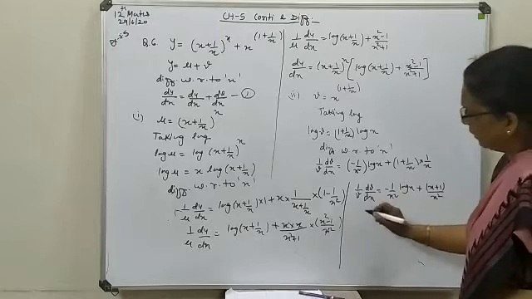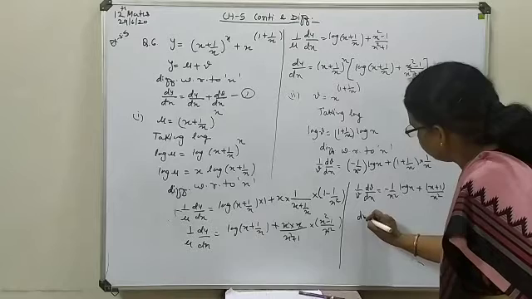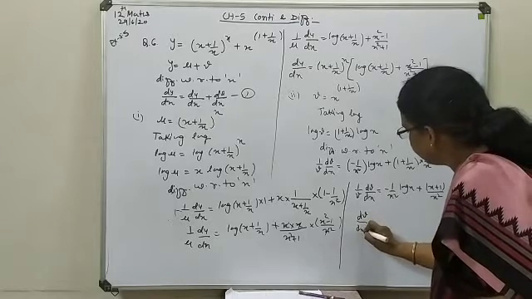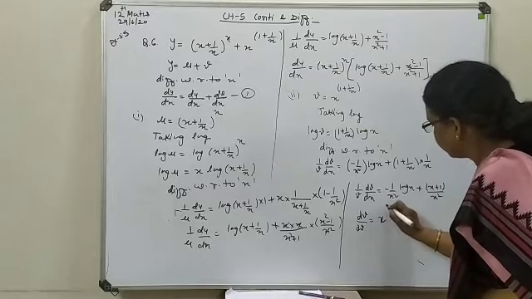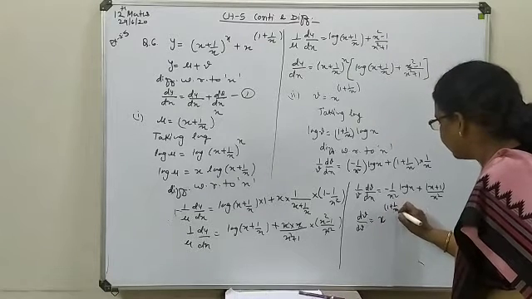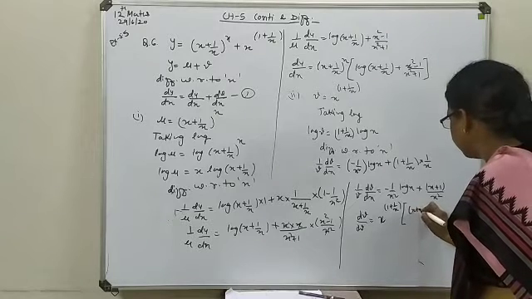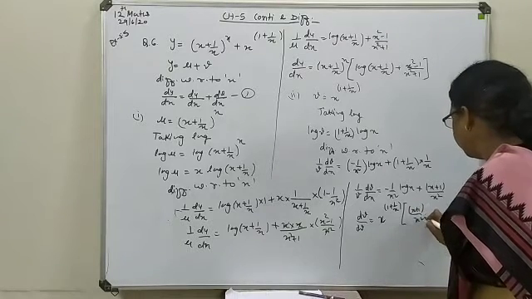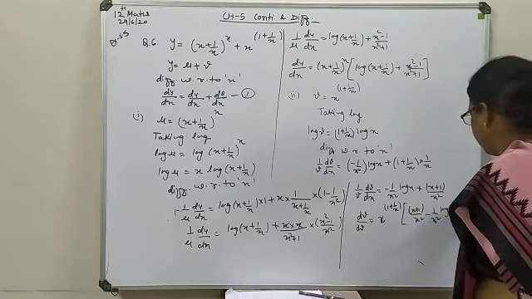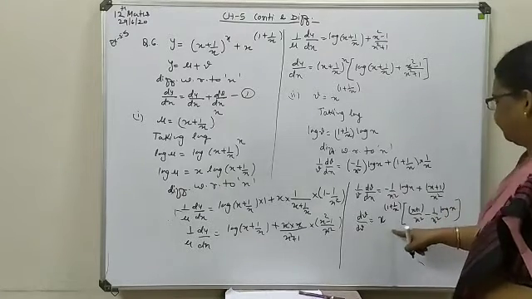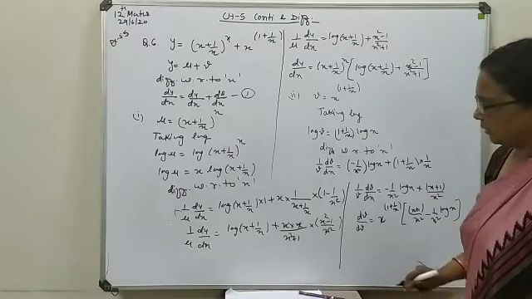So 1 upon x square, here you can take common, or as such it can also proceed. dv by dx: multiply by v, that means x with power (1 plus 1 upon x). Now here, the positive term we write first, followed by the negative combination. This x square you can take as LCM, so a more simplified form can be written.